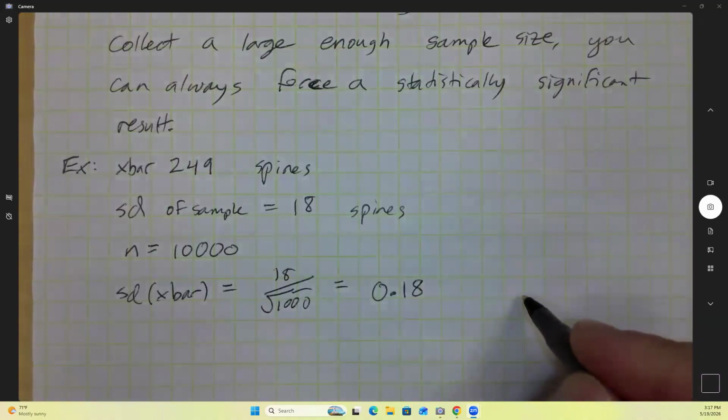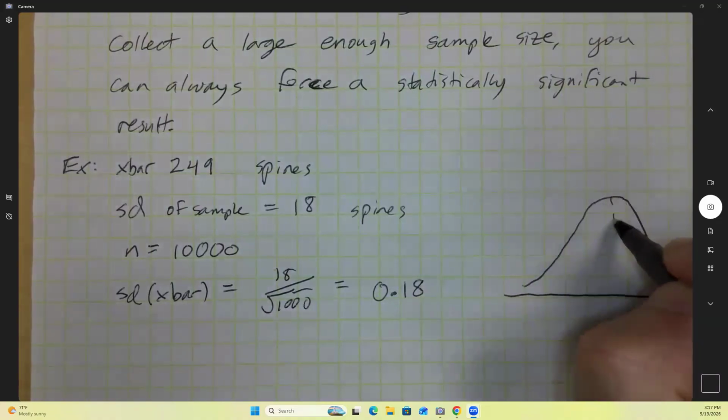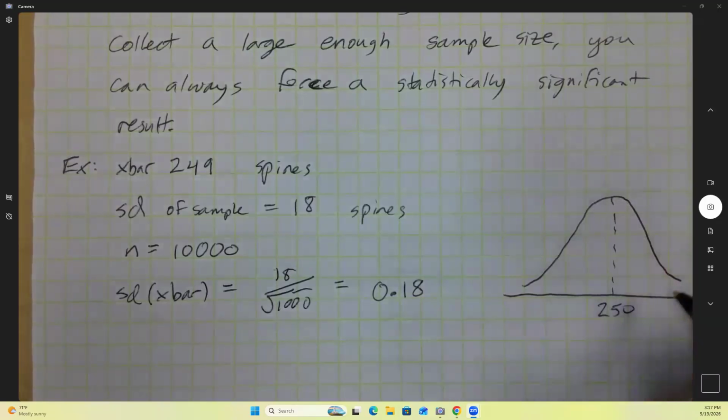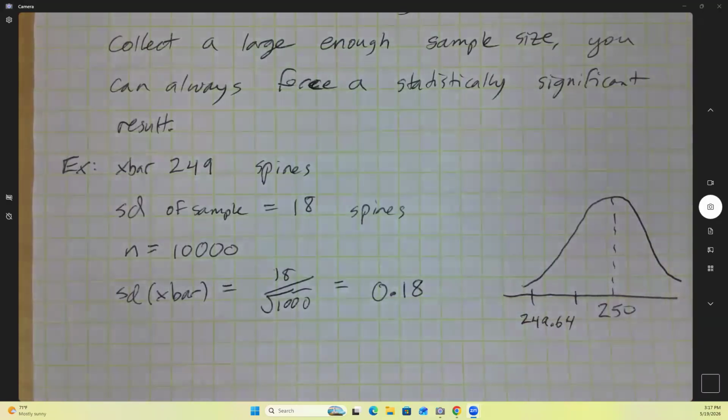And now I've built myself a normal curve. Sure, it's centered around 250, but 2 standard deviations only gets me down to 249.64. I've effectively hacked my data to create a statistically significant result that has 0 practical significance whatsoever.